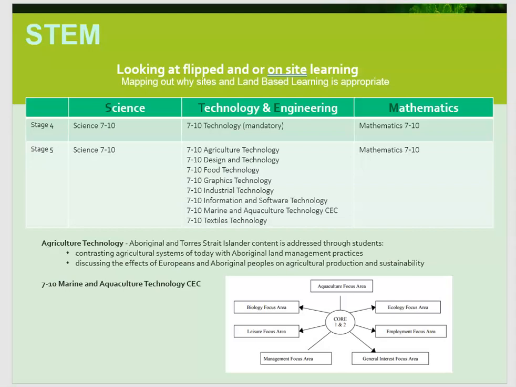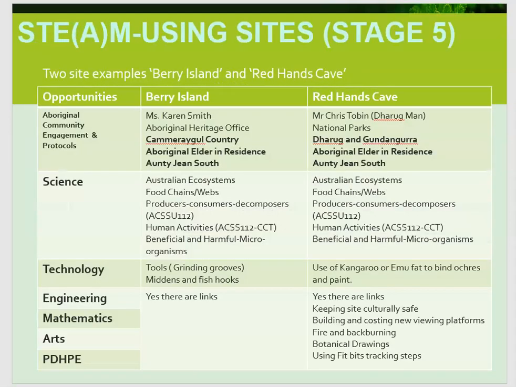So looking at those syllabuses, we're going to now look at two sites, well, one site in particular, and the Red Hands Cave has many examples on the views site that you can have a look at.